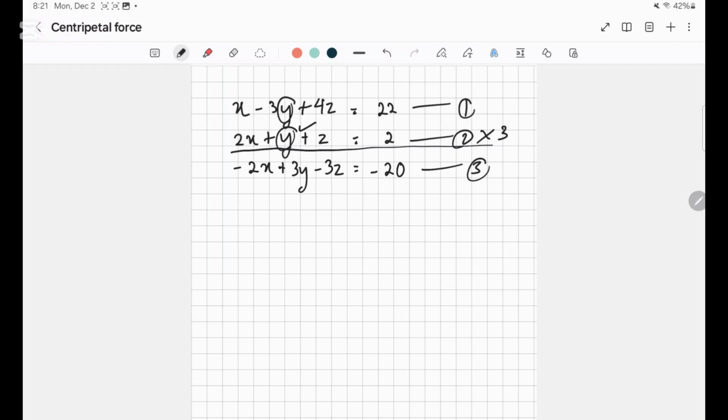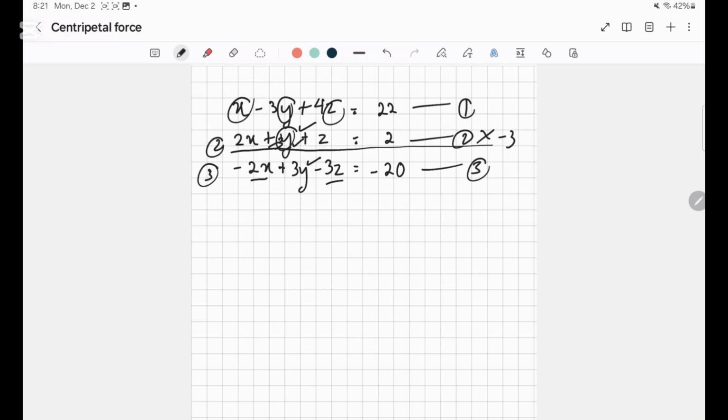Then we'll end up with an equation with x and z, because y cancels off. You could also take the second equation and the third equation, and multiply the second equation by minus 3. Then this becomes minus 3y, so minus 3y plus 3y will cancel out, and you have another equation with x and z.